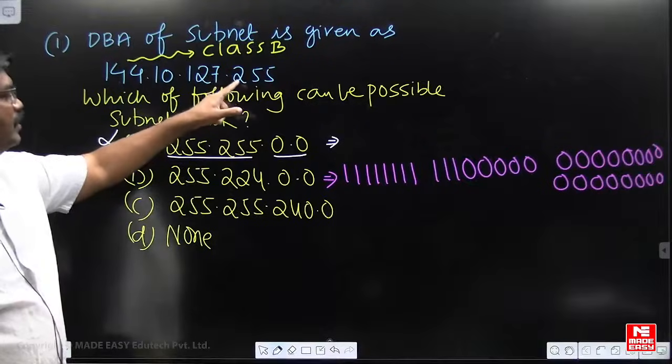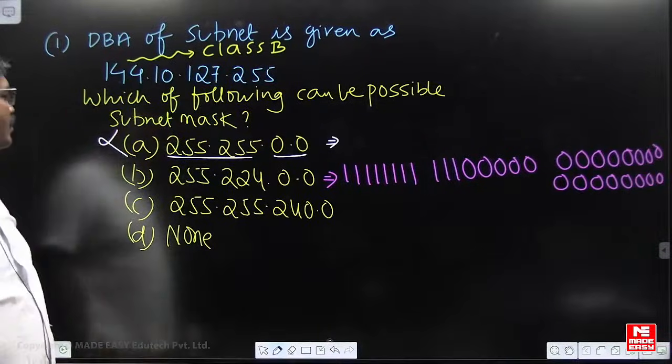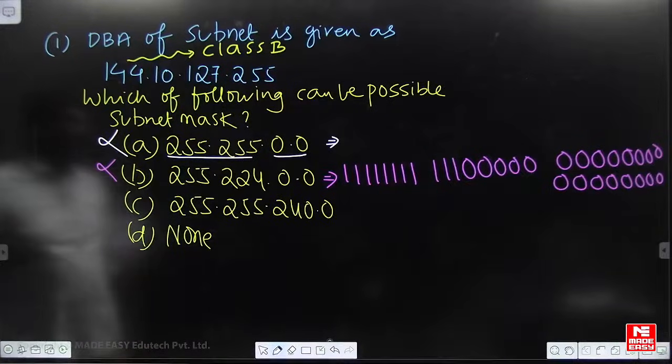Here it should be 255 and here there is a missing. So you can say option B is also wrong.